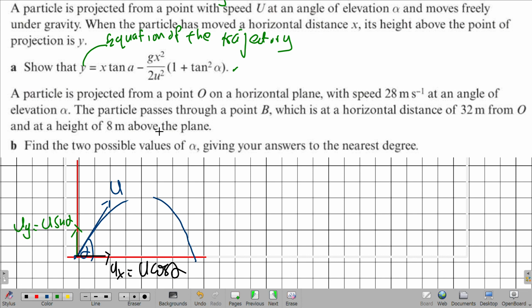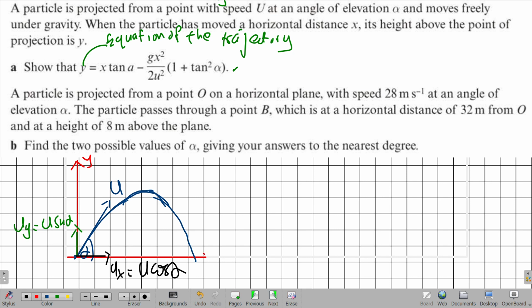So here we've got a question that says prove, and it is a very long question that says a particle is projected from a point with speed u at an angle of elevation alpha. I've just drawn the particle projected here at an angle of elevation alpha, which is this alpha here.